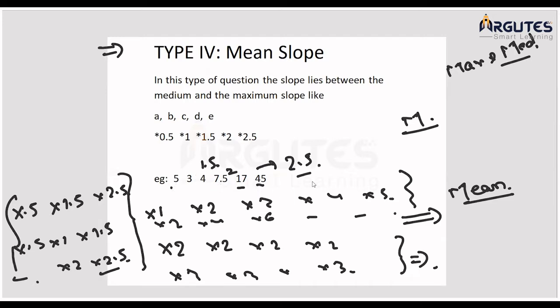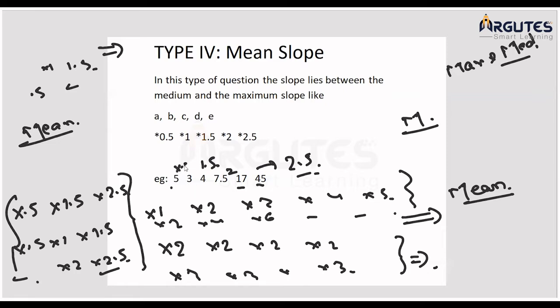So from here we came to know that if any slope is of the type 2.5, 2, it is of the nature of mean slope, meaning either it will start with 0.5 or it will start with 1.5 like this. So now just look at the start. It's 5, then 3, then 4, then 7.5. After 5 the number gets decreased and it comes to 3, so it is near about half.